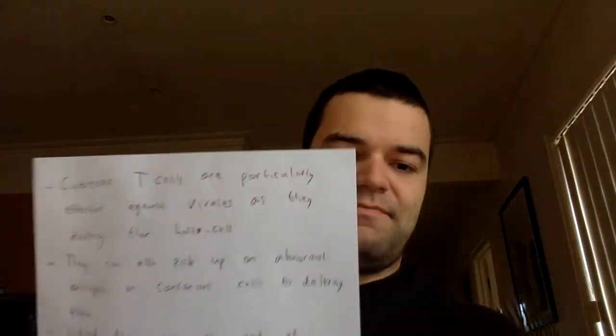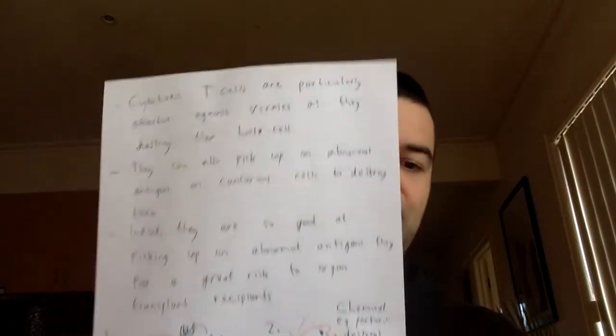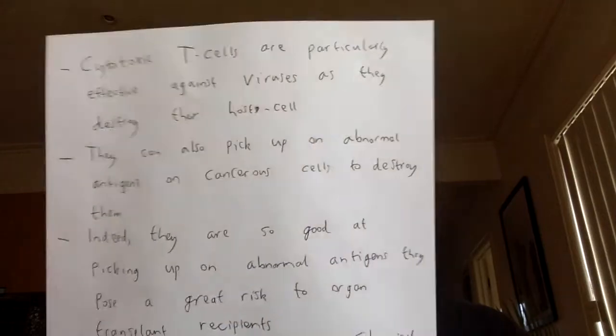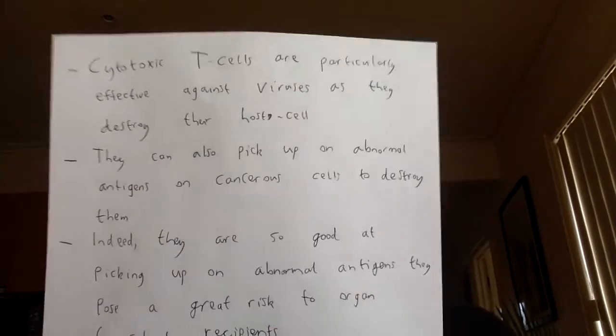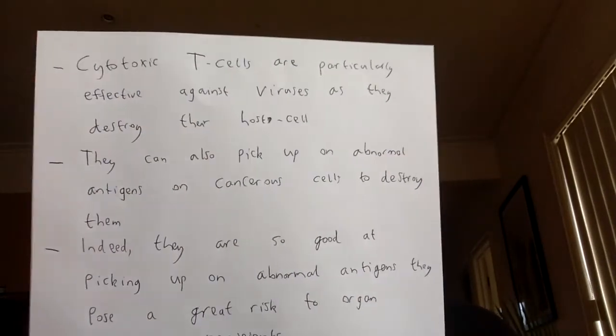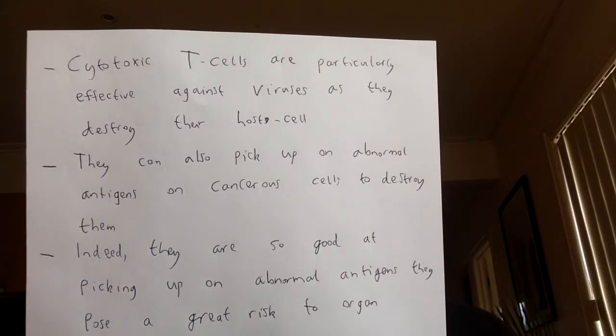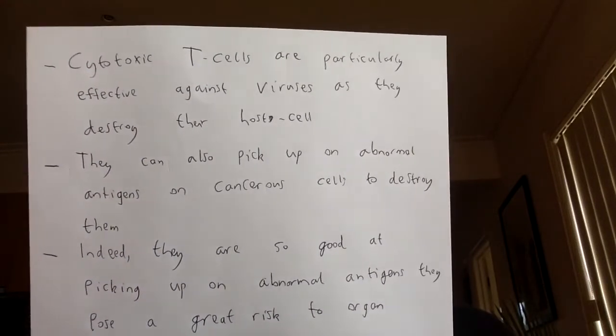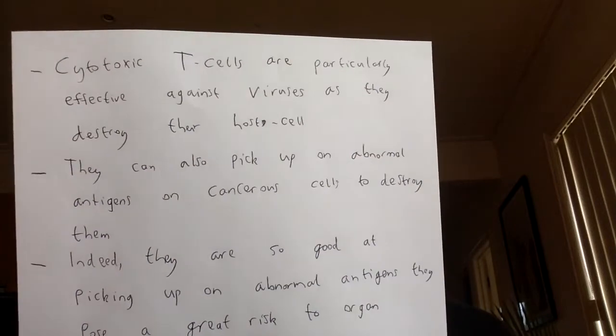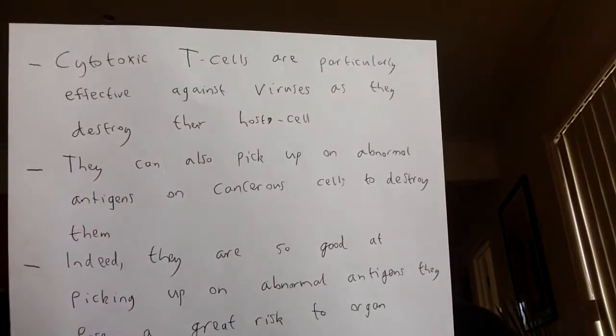It doesn't affect many people, but there can be a disadvantage of cytotoxic T cells. They're so good at picking up on abnormal antigens that for people who undergo an organ transplant, they can pick up the different antigens on the transplant organ, and they may attack the organ that's been transplanted.